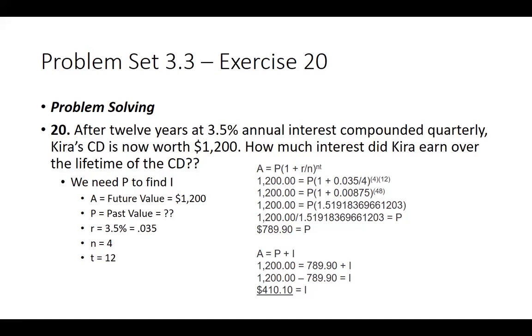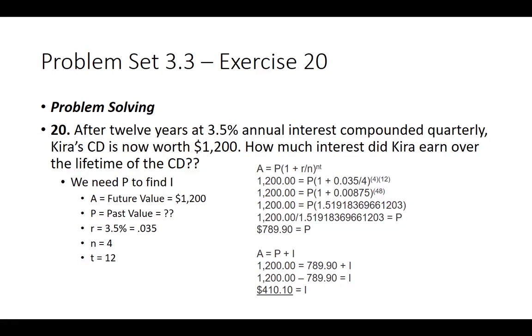We are looking for I, which is not a part of the compound interest formula. But if we find A and P, we can solve for I, since A equals P plus I. We have A. We can solve for P.